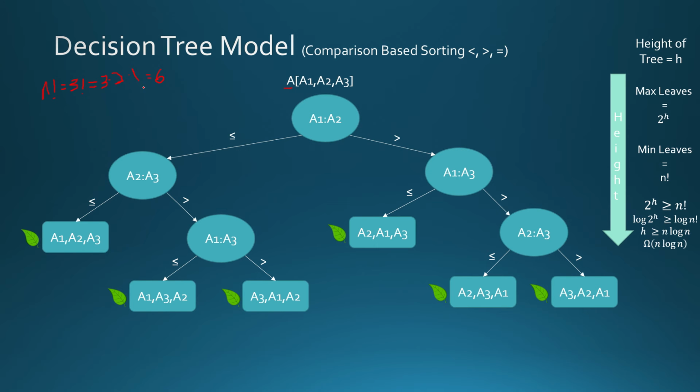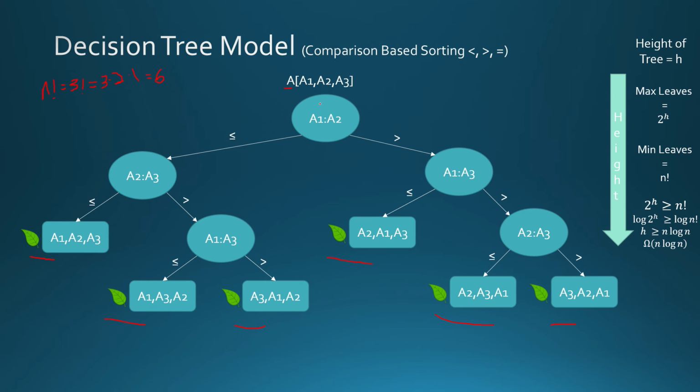This means that there are 6 different permutations, or 6 different orders in which this array can exist, because it's based on 3 elements. So the algorithm has to have a minimum of 6 leaves. As you can see, there's 1, 2, 3, 4, 5, 6, right?